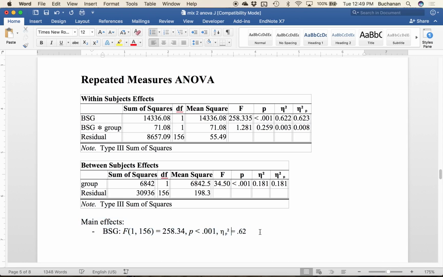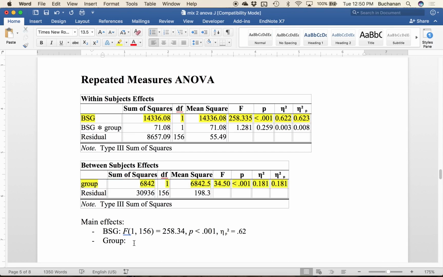This is our main effect of the group. So what we've done is we've looked at this one here. Now we're going to look at this one for our other main effect.